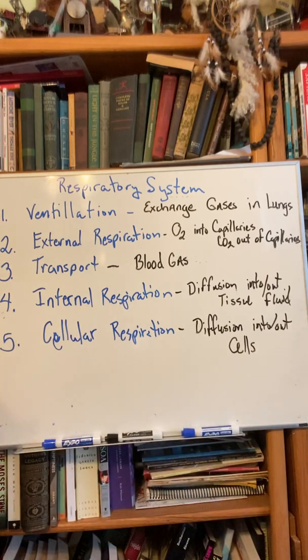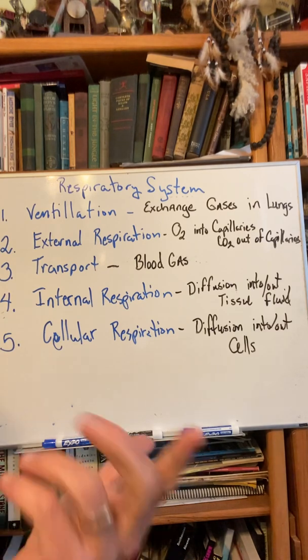It goes into the cells. We have cellular respiration, the diffusion into and out of the cell, and the use of the oxygen. We studied cellular respiration, and we said it's all about releasing the energy stored in complex macromolecules. Okay, so these are the 5 steps that are important in the respiratory system.